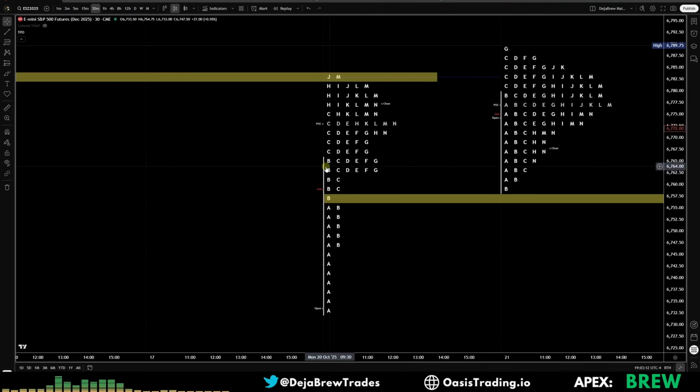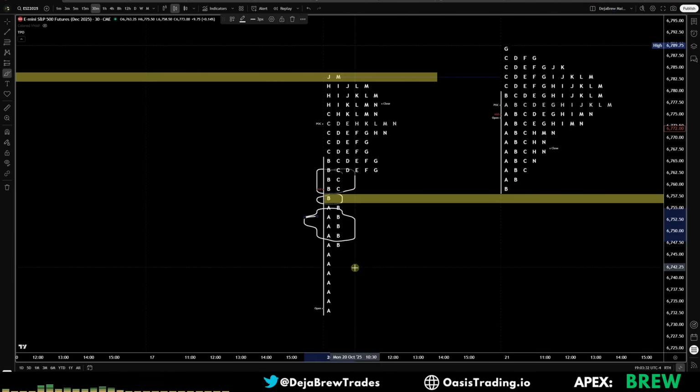They have multiple TPOs above them and multiple TPOs below them. Okay? So notice how this is a single TPO that has multiple matching TPOs above it, and multiple matching TPOs below it as well.